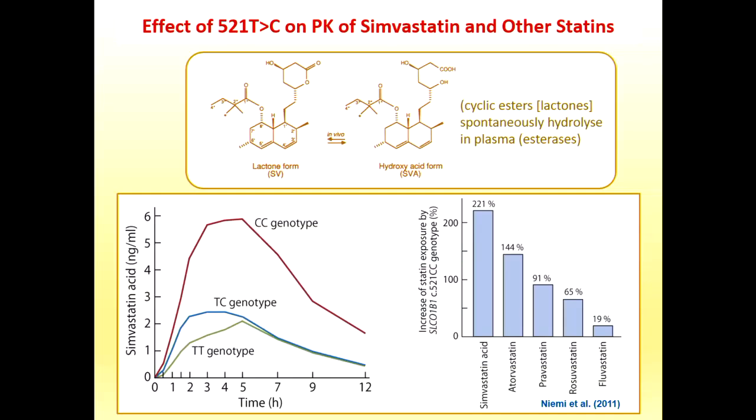And this affects different statins to differing degrees. So simvastatin is the most vulnerable. The increase in statin exposure, so this is the area under the curve basically of your plasma concentration time profile, goes up about 221% in people with this CC genotype.